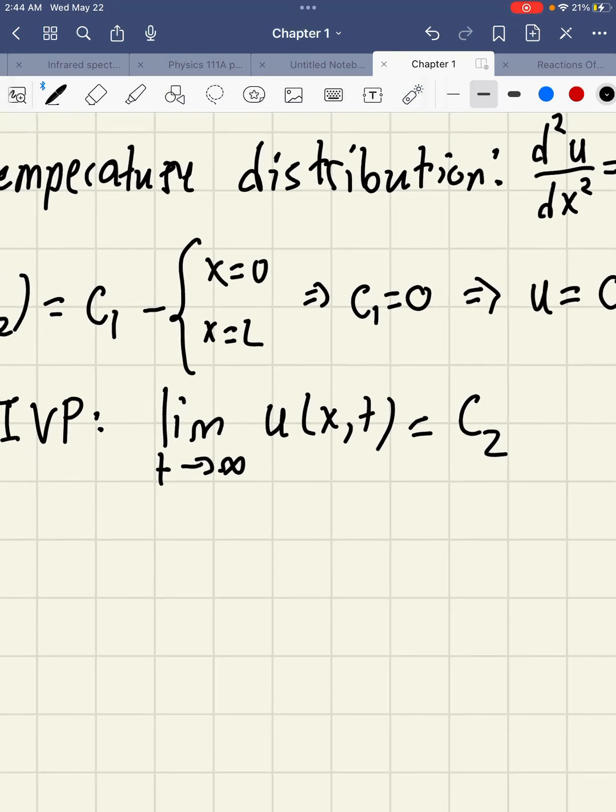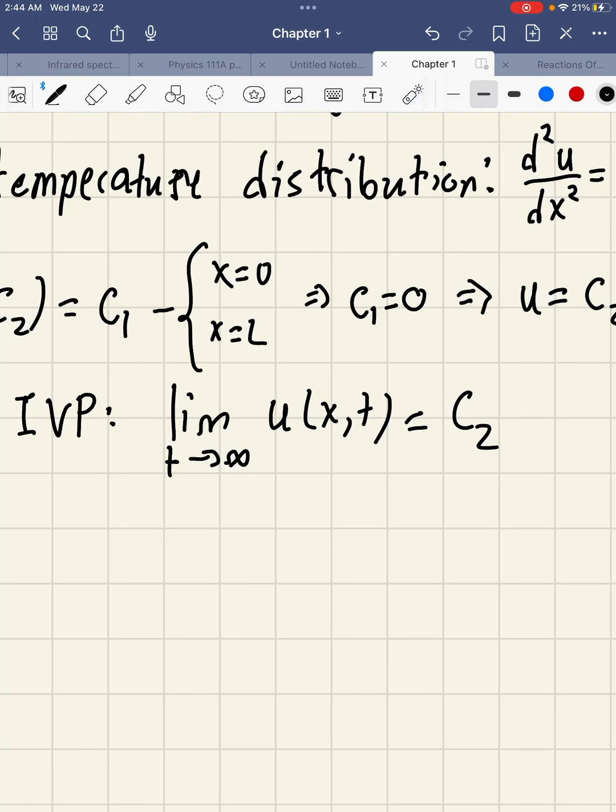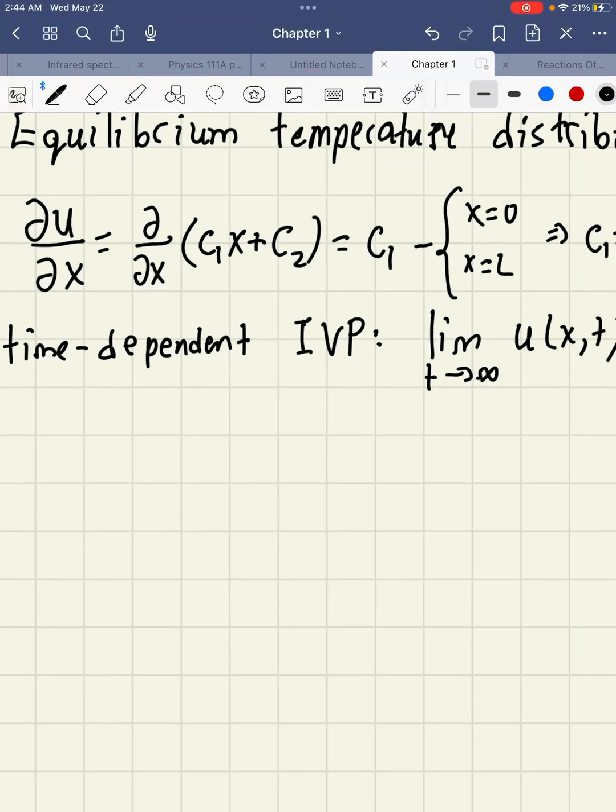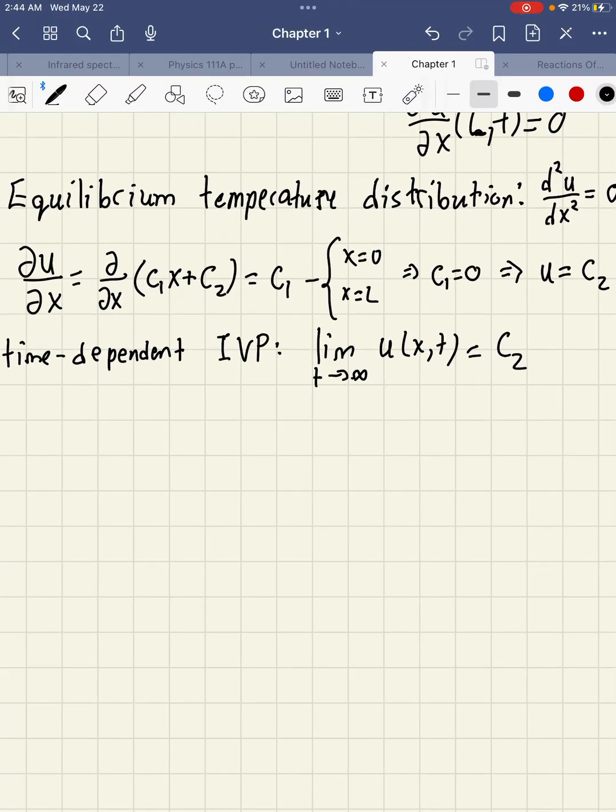This lack of uniqueness was caused by the complete neglect of the initial condition. In general the equilibrium solution doesn't satisfy our initial condition, because the particular constant of the equilibrium solution is determined by considering the initial condition of the time-dependent problem. Since both our ends are insulated, the total thermal energy is constant.